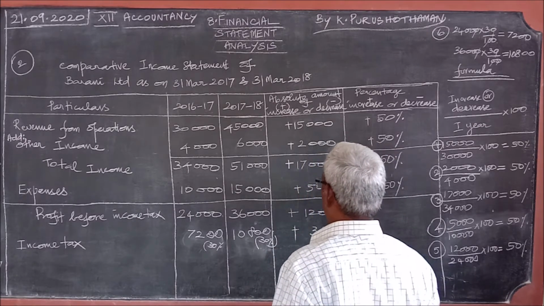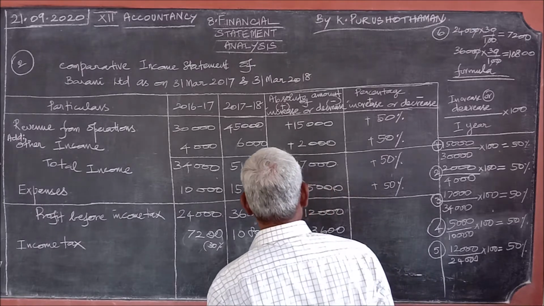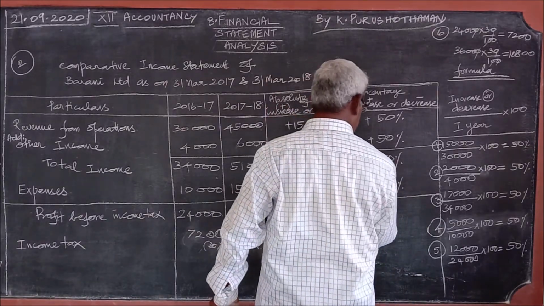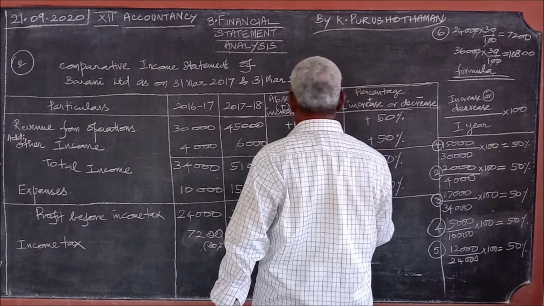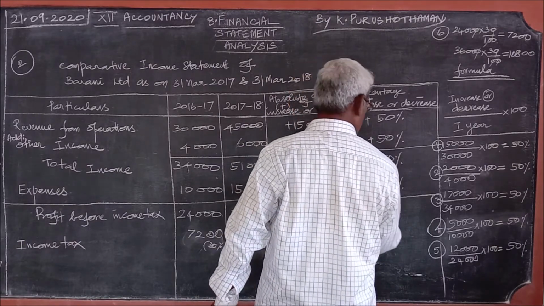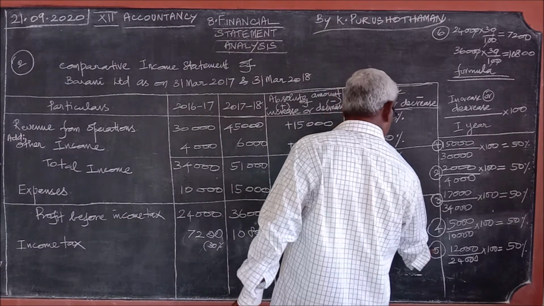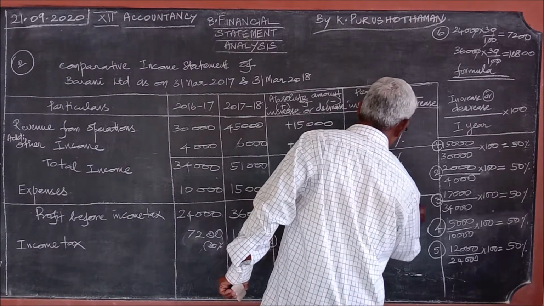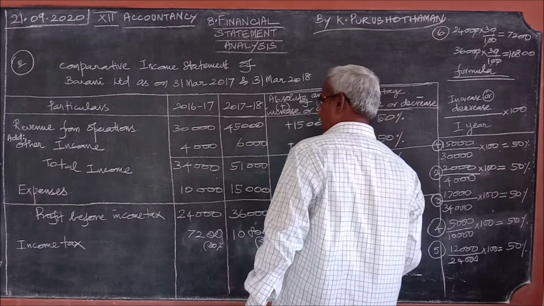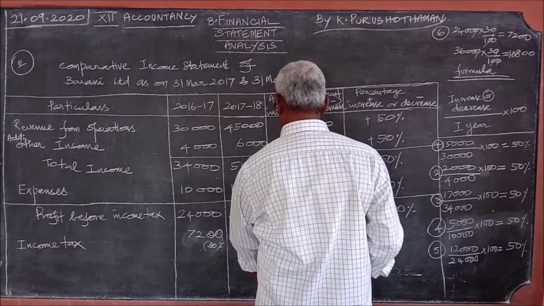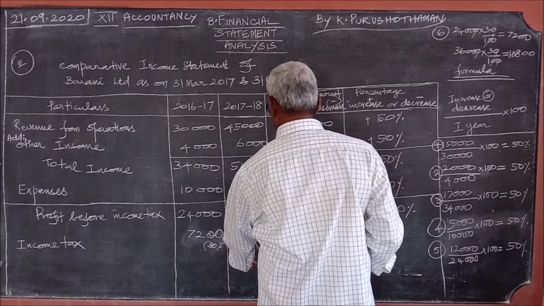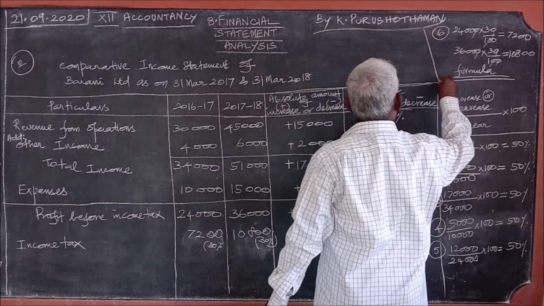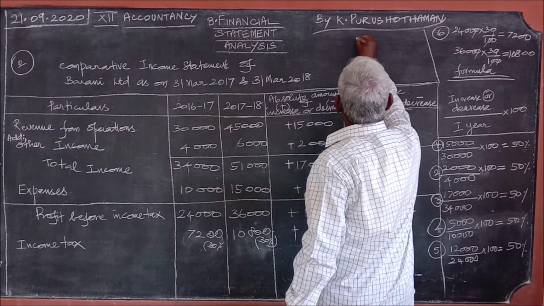So, for point number 6, how to find the percentage? For profit before income tax, that is point number 5, it is plus 50%. And for income tax, we have found the increase, 3,600. The same idea can be followed here also.